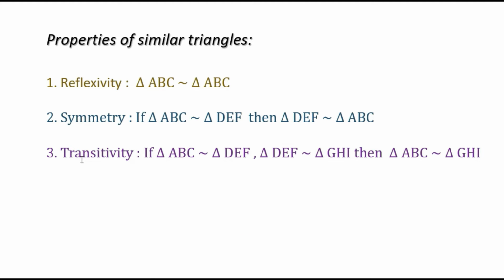The third property is transitivity. If triangle ABC is similar to triangle DEF, and triangle DEF is similar to triangle GHI, then triangle ABC is similar to triangle GHI. So these are the three properties of similar triangles.